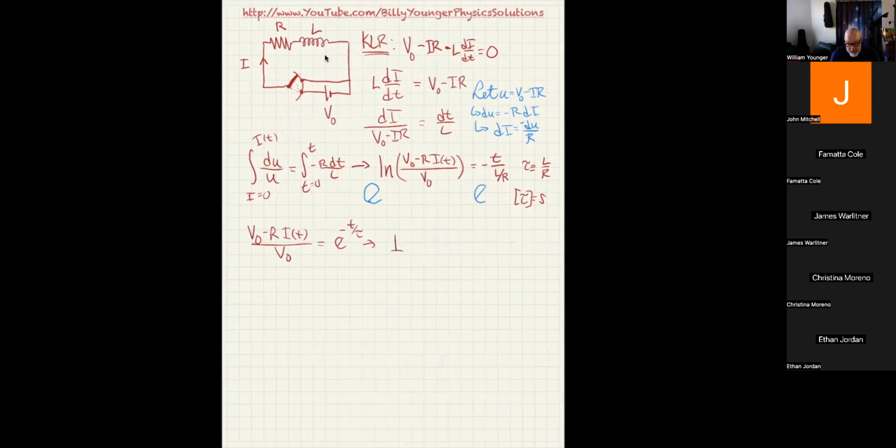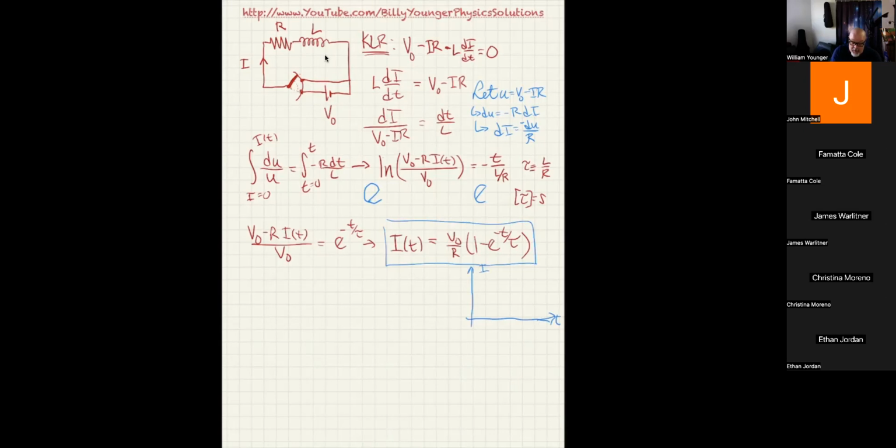After all this work, I of t, and I do recommend you do this algebra, it's not hard at all, is going to be equal to V0 over R times 1 minus e to the negative t over tau. Okay, so that's what the actual current as a function of time is. And in fact, if you were to graph that, what you would see is that this would be, say, time, and this would be current.